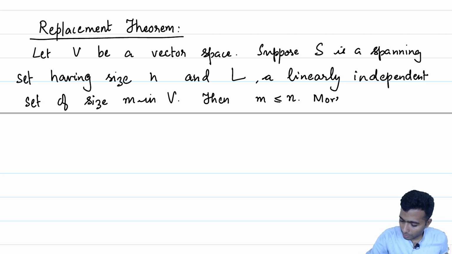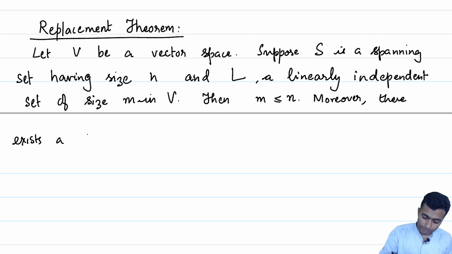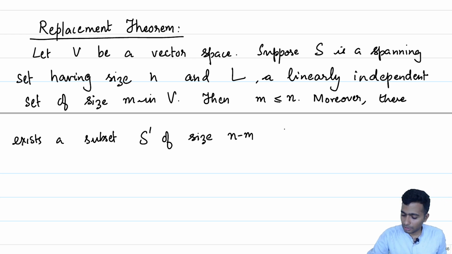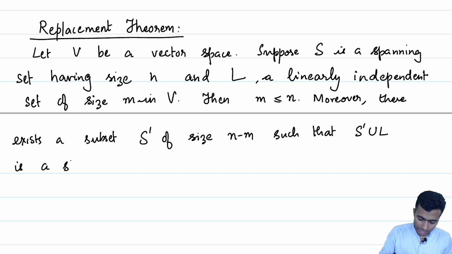Moreover, it's not over, there exists a subset S prime of size n minus m such that S prime union L, which now has size n minus m plus m, which is equal to n, is a spanning set of V.